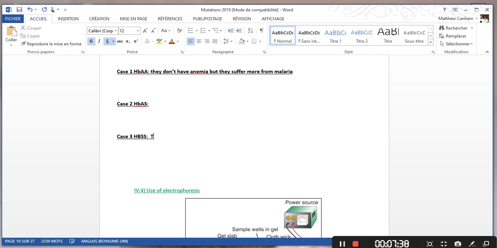HBSS, they have a severe form of anemia, but they do not suffer much from malaria.